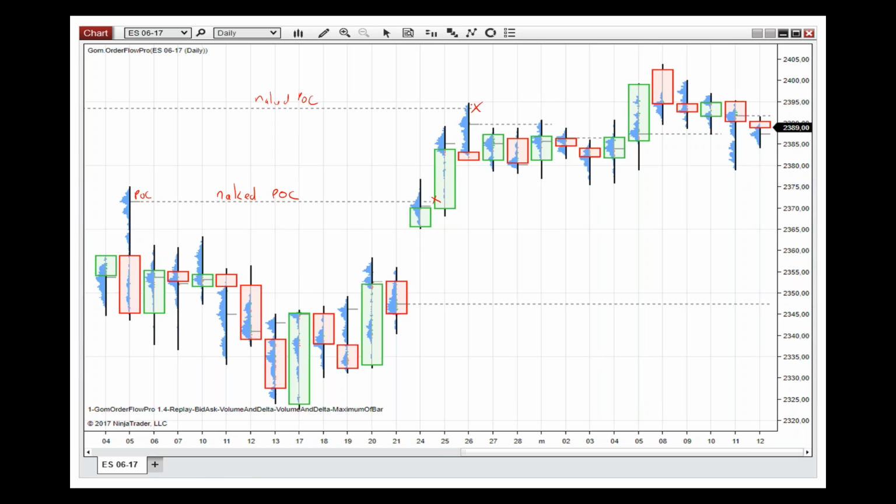But you can see that this POC here stopped the value area here. And this one stopped the bar here. And this one stopped the value area here and the bar here. And this one stops the bar here. And this one stops the bar here, okay? So a lot of people watch the previous days', previous hours' point of control.